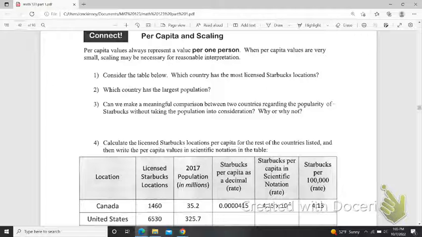And so we're going to look at the table below, and even though you can't see the whole table on my screen right now, you have a copy, and on that entire table, if we look at which country has the most licensed Starbucks locations, I see that that would be the United States.